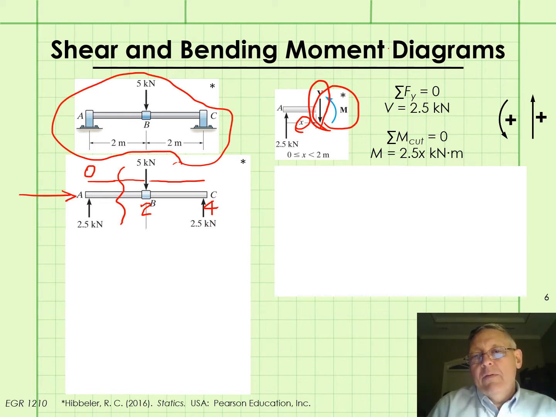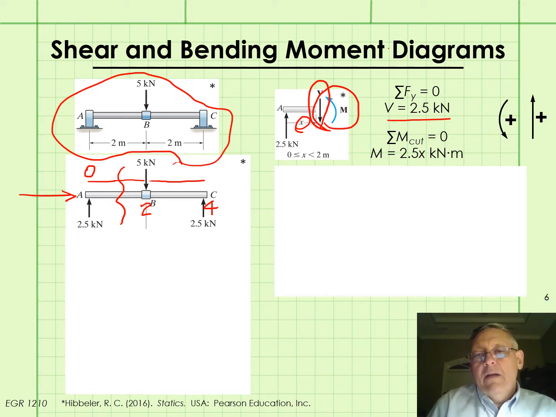Let's solve for V by summing forces in the y direction. And we find that V equals 2.5 kilonewtons. And we'll solve for the unknown bending moment by summing moments at the cut, setting that summation equal to 0.